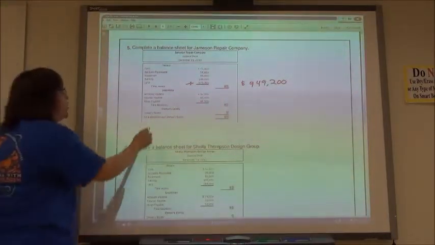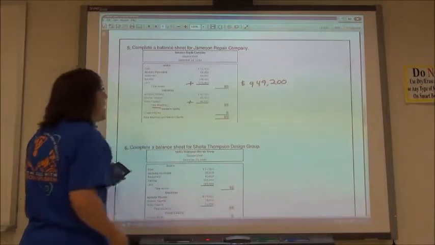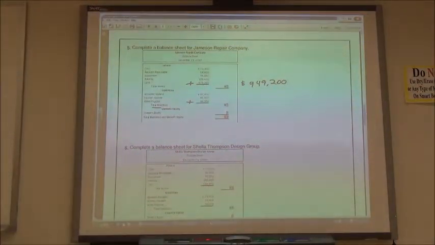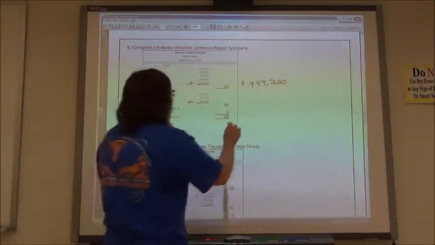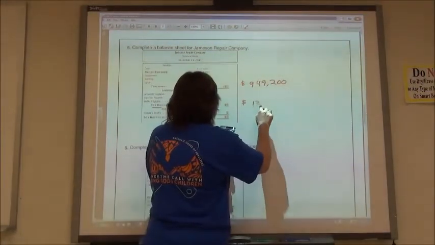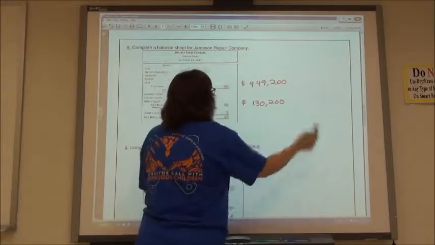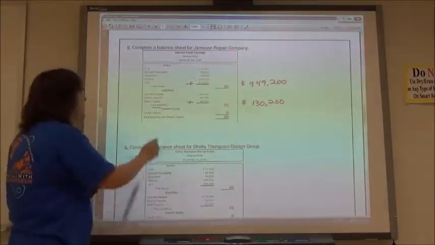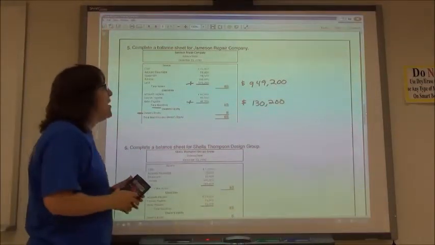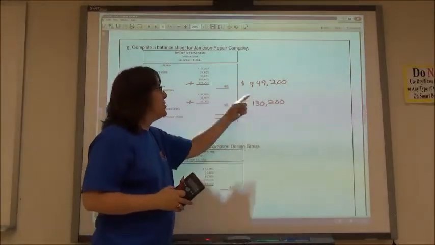Then I want to find the total of my liabilities, so I'm going to add my liabilities up. So $42,000 plus another $42,000 plus $46,200. So $130,200 is my liabilities. I'm then going to find the owner's equity by subtracting these two numbers.